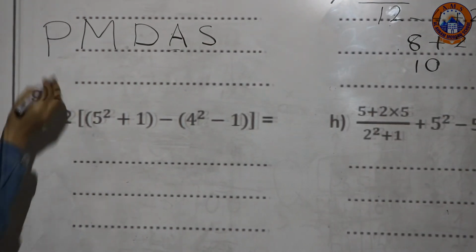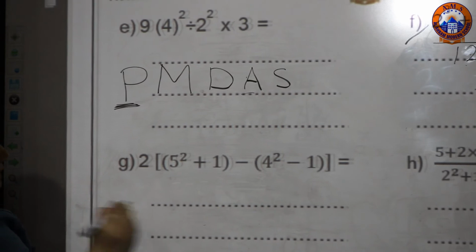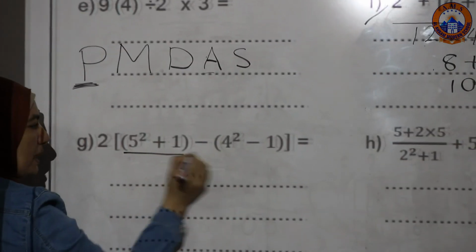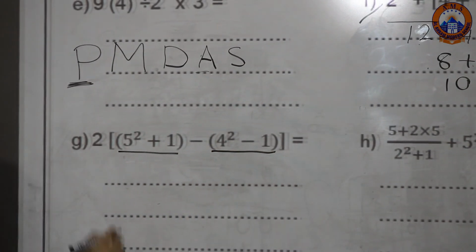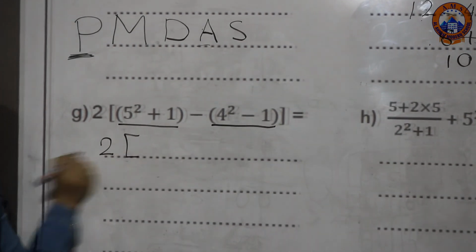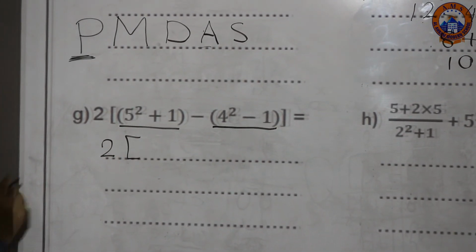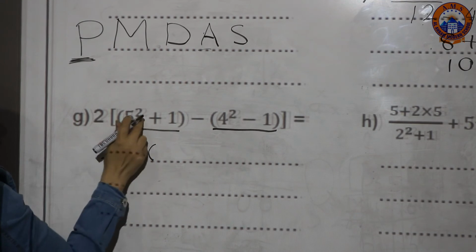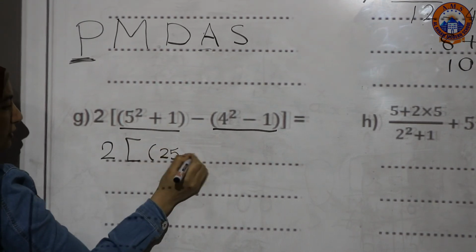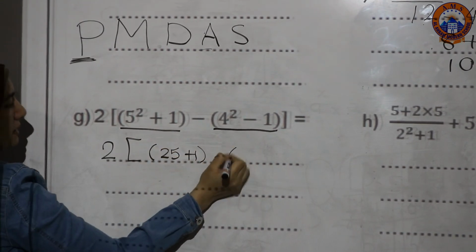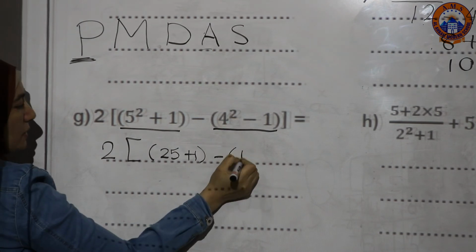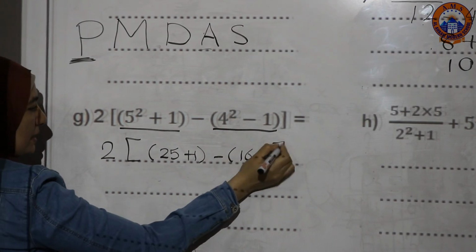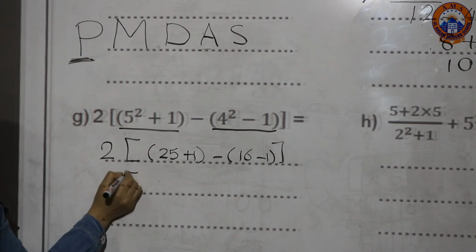Yes, by order I have to start by parentheses. So I have two brackets here. It will be 2, and then open the greatest one, and then power 5 to the power 2 equals 25 plus 1 minus 4 to the power 2 equals 16 minus 1, and then this is 2.